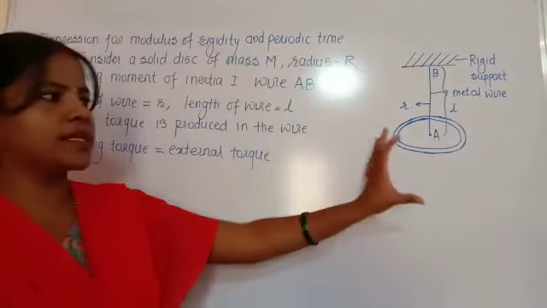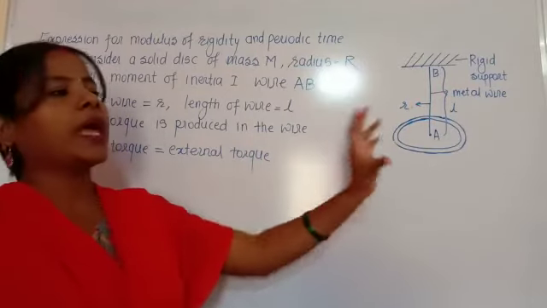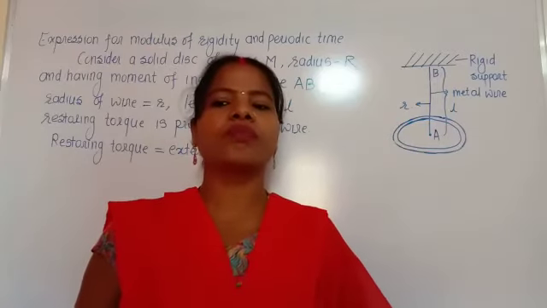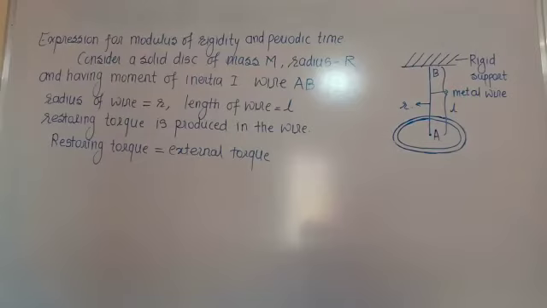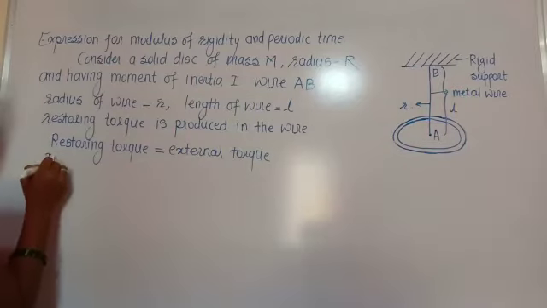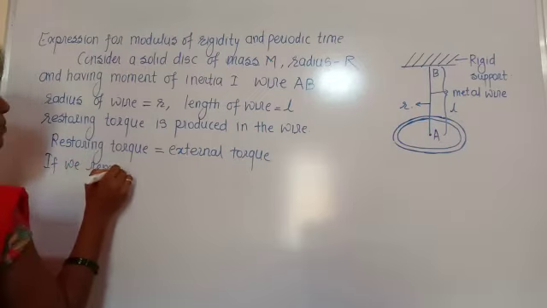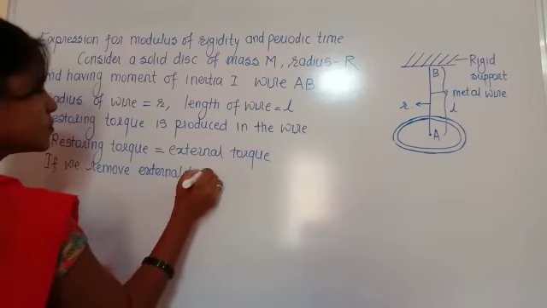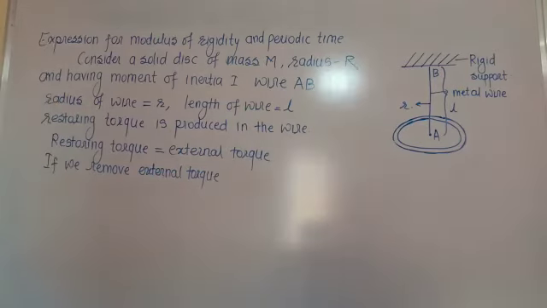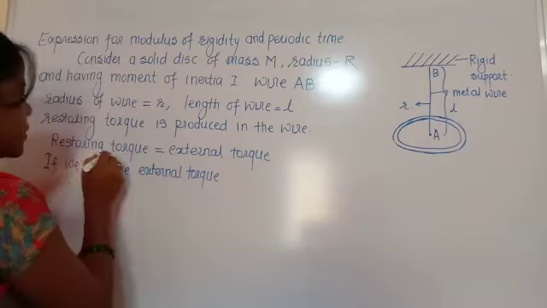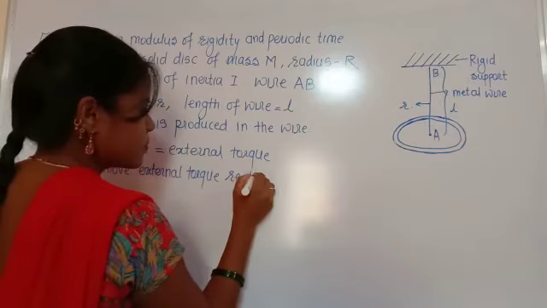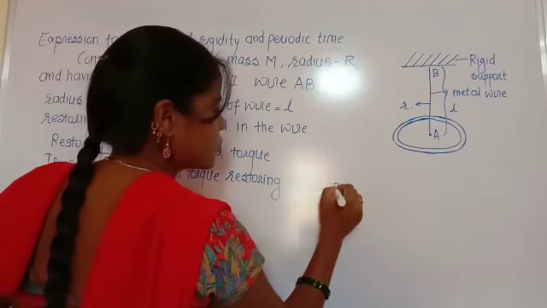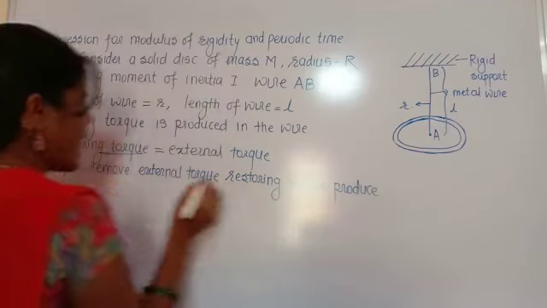When we apply external torque, the disc is rotated and angular displacement is produced. If we remove the external torque, the restoring torque produces angular acceleration.